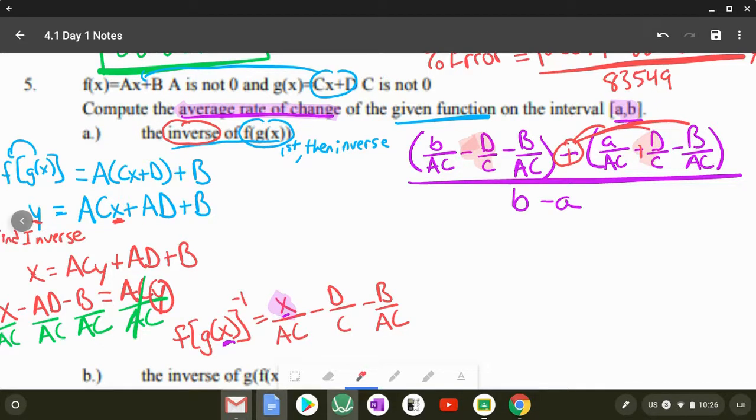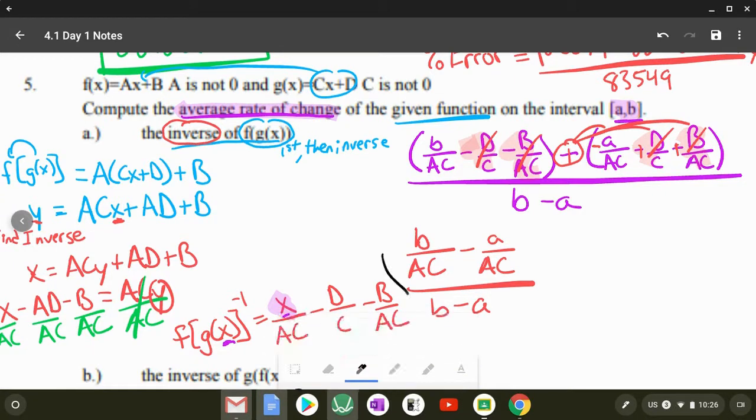And then the negative B over ac is also going to cancel with the positive B over ac. So let's see what we got here. We got b over ac minus a over ac, all divided by b minus a. Let's make a divider here. Okay, so that's where we're at.